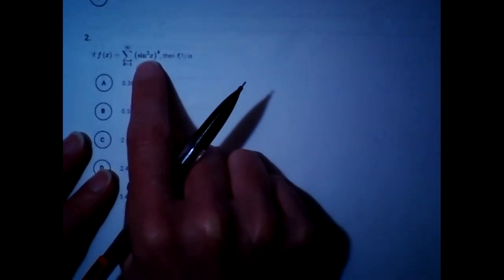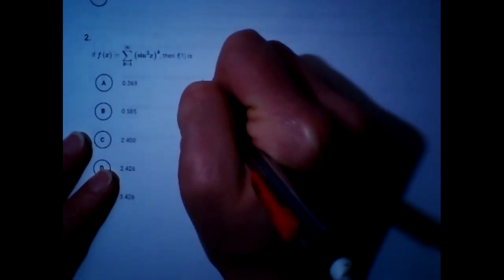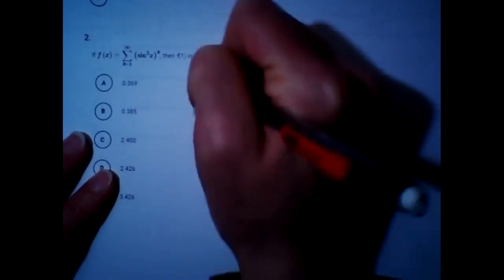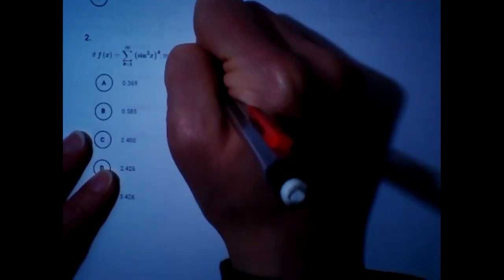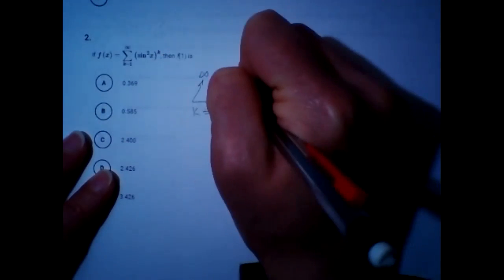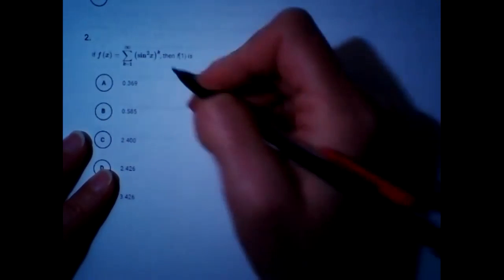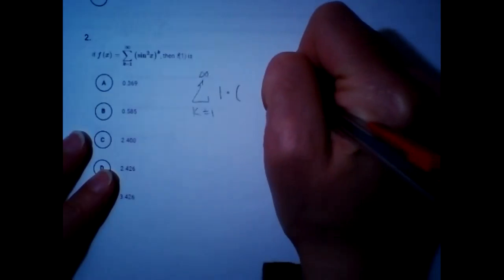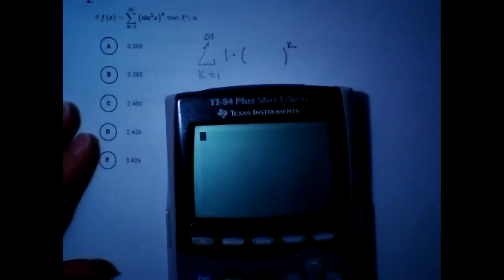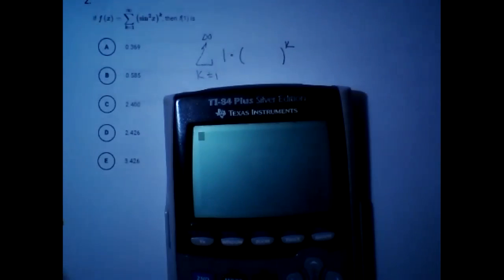So what we need to do is plug in 1 for x and see what we get. I'm also going to put a 1 right here. This is going to be 1 times whatever sine of 1 squared is to the k power. So you pull out the calculator, and I'm going to do sine of 1 squared.